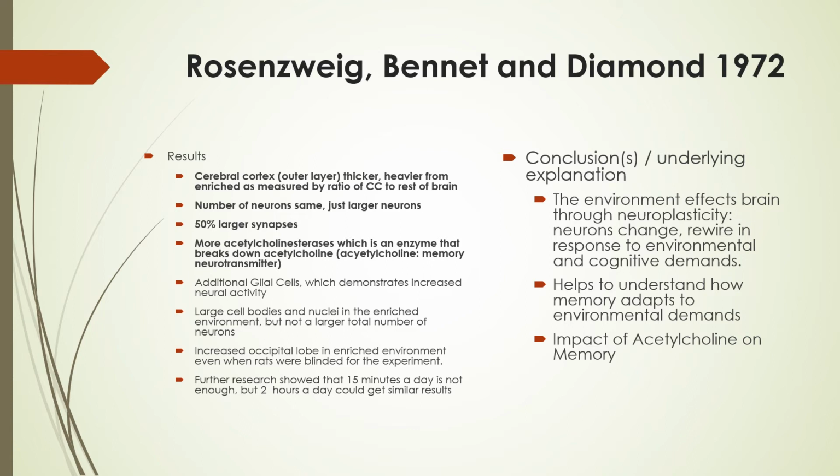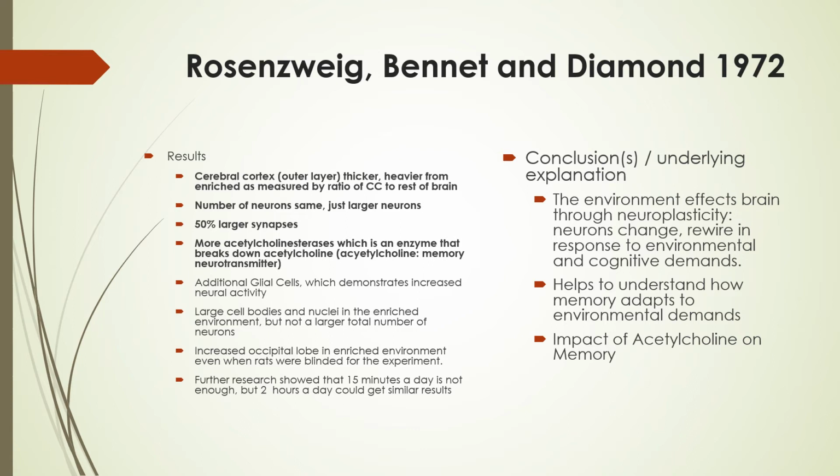They just had larger neurons, showing a healthier neuron. They also had 50% larger synapses to allow for greater chemicals. There was also greater evidence of acetylcholine due to the appearance of this enzyme here, and glial cells which clean up for the neuron.